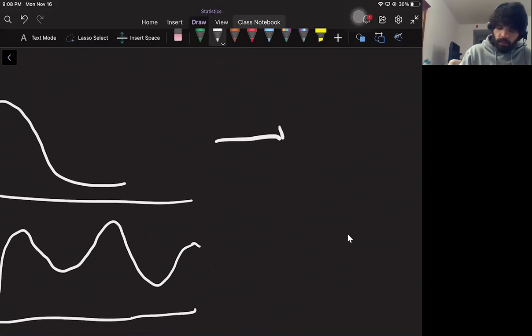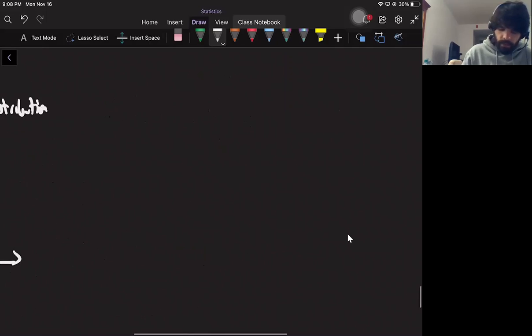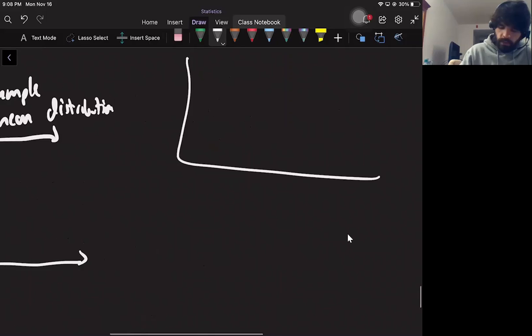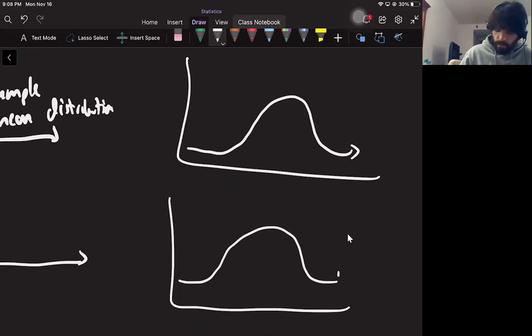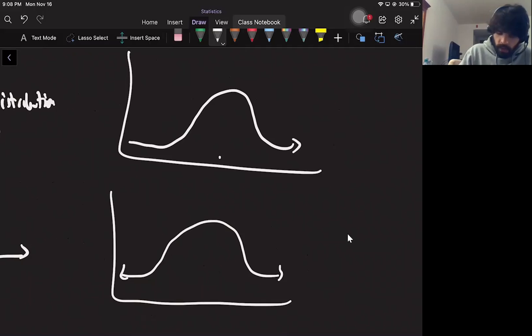If you do this sample mean process, where you take all the sample means, then those will be on a normal curve no matter what. Okay, so that's the math background, but we'll see that it won't be so bad when we do actual examples.